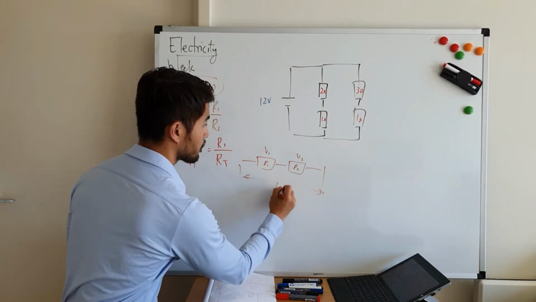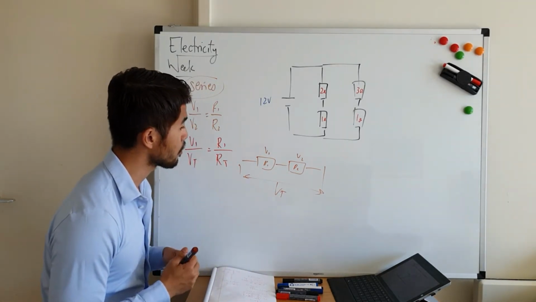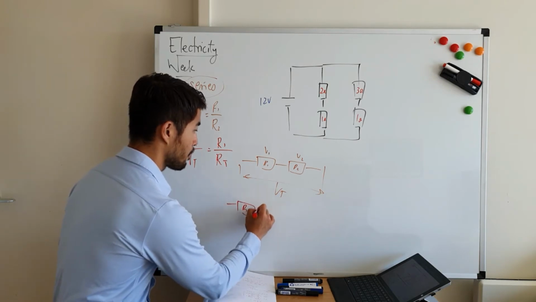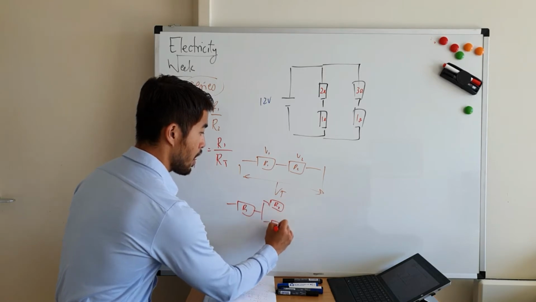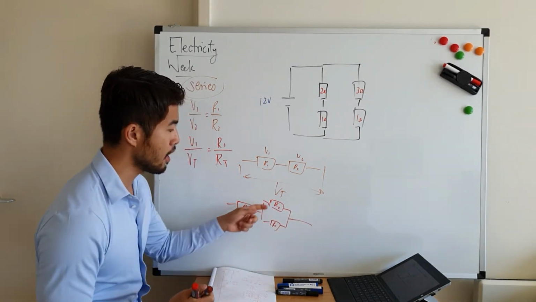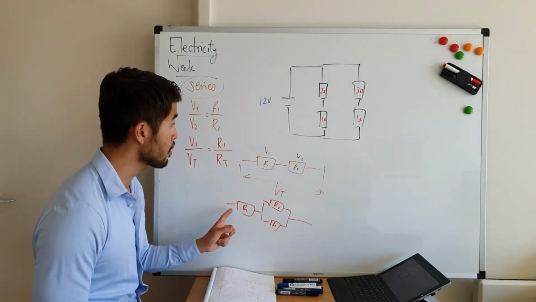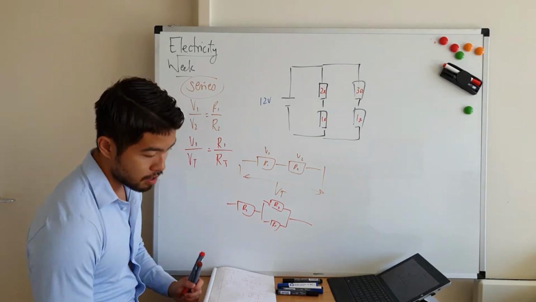Equations like this with R1, R2, R3 are no good because in here we've got parallel circuits, so this needs to be combined into a series circuit before we can use this equation.